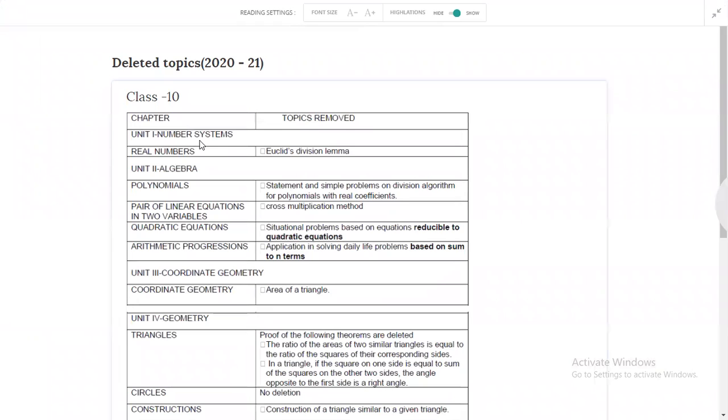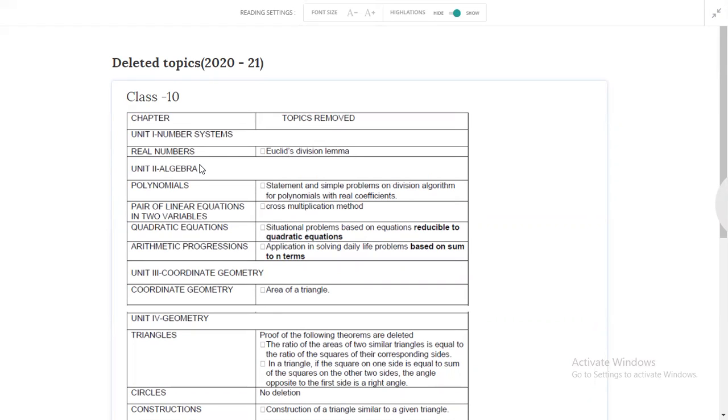From the first unit, number system, there is only one chapter, which is real numbers, and from real numbers, the topic Euclid's division lemma is deleted from the syllabus. So Euclid's division lemma, Euclid's division algorithm, and the problems related to that will not be coming for the current academic year.